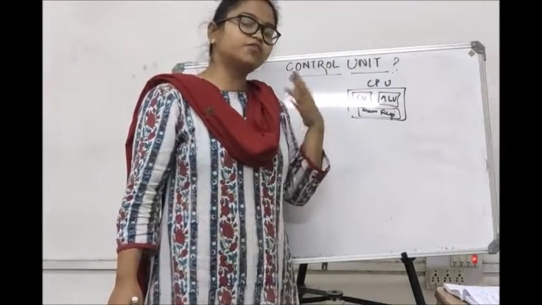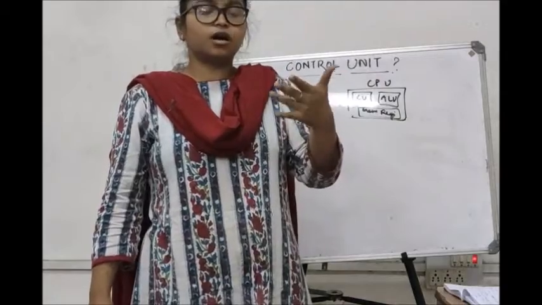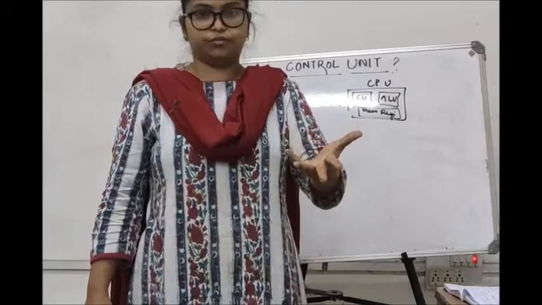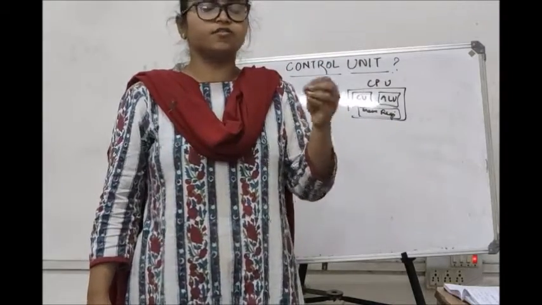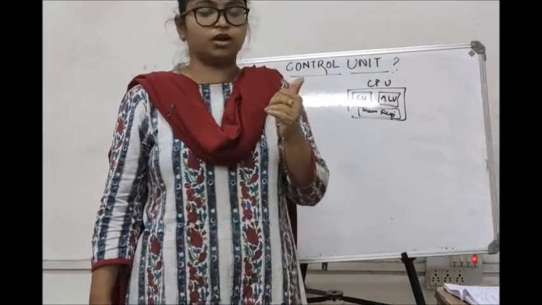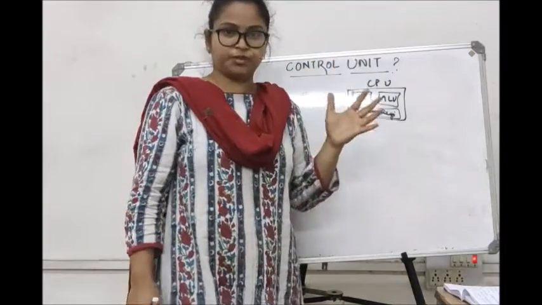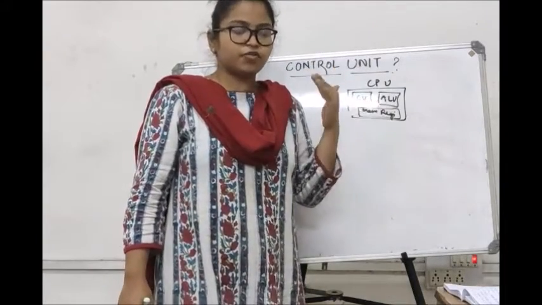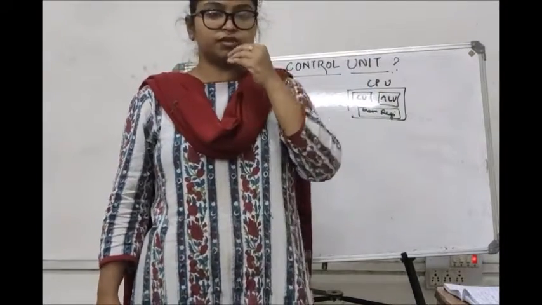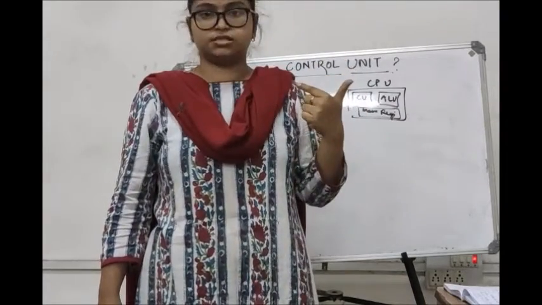Now, what is the working of a control unit? The control unit gives signals to the computer about what is to be done, and which circuit to activate in order to make the system run. We can see it as the brain of the system. As our brain gives a signal, the way we speak is determined by it.